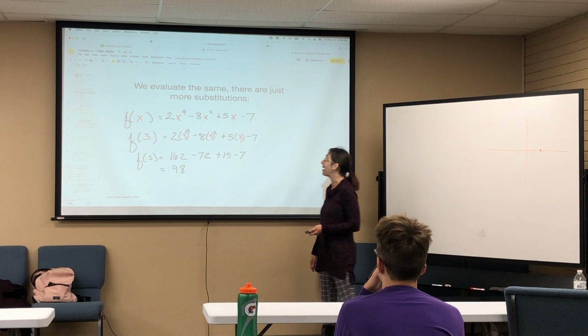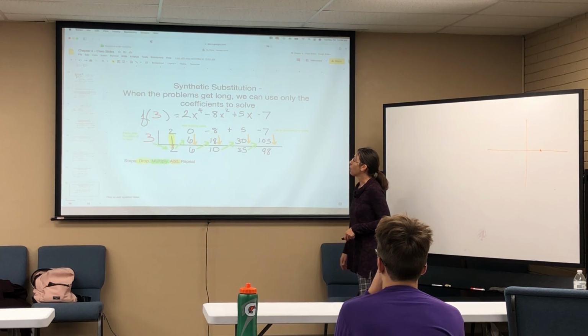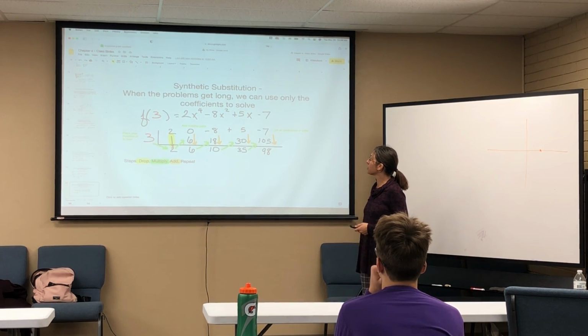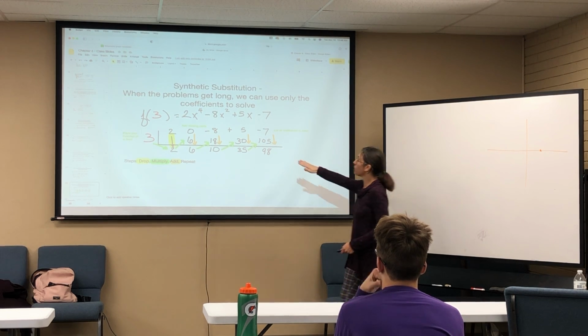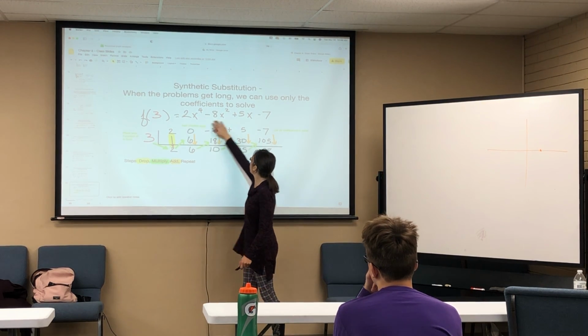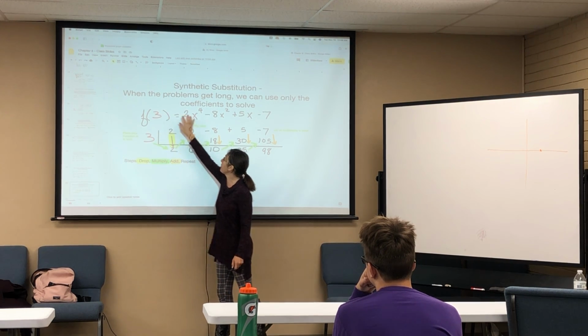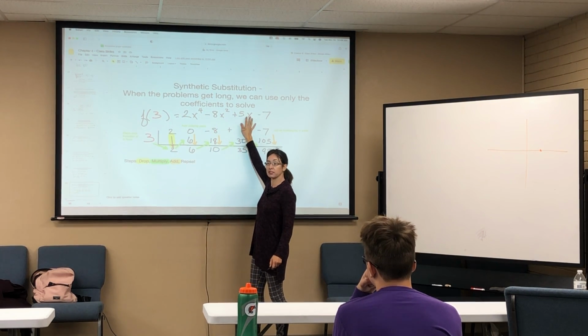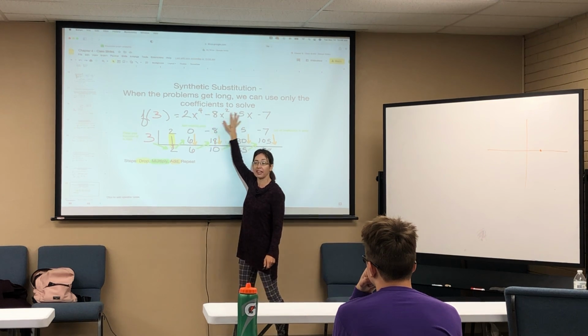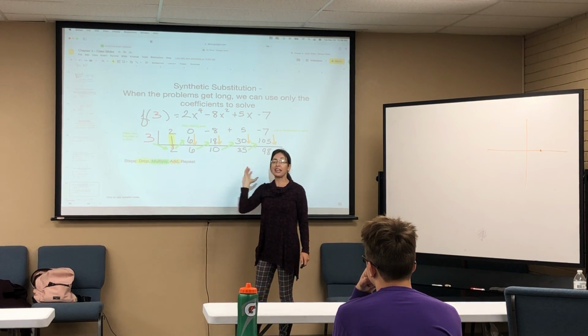So we're going to see if we get 98 in the same way. When we do synthetic substitution, instead of plugging our 3 into all of the x places and actually working out all of the x parts, we're going to get rid of all of the x parts.